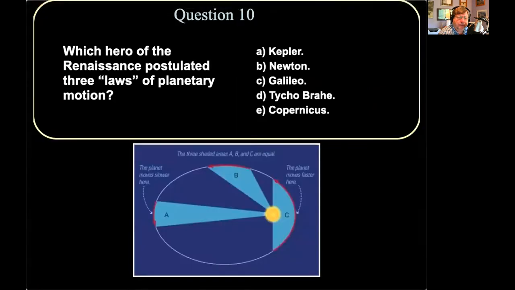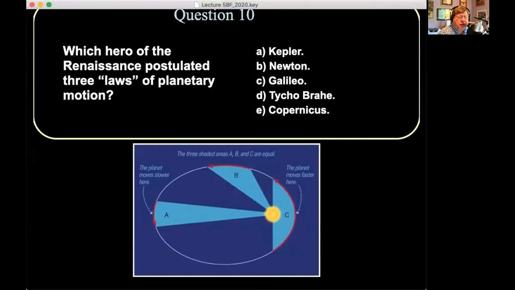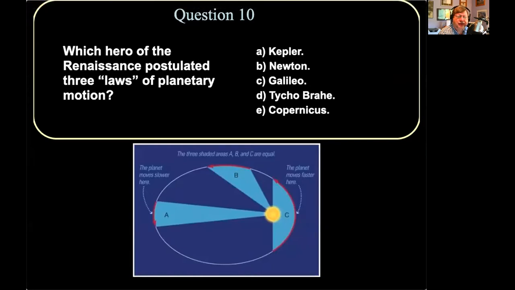Okay. So let's get some questions. What hero of the Renaissance postulated the 3 laws of planetary motion? You had better get this one correct.